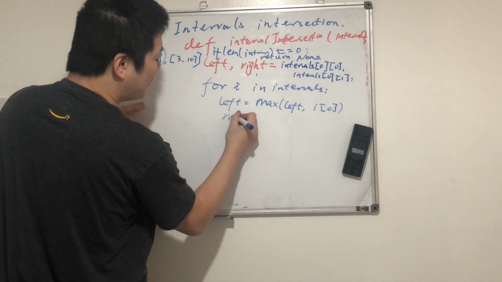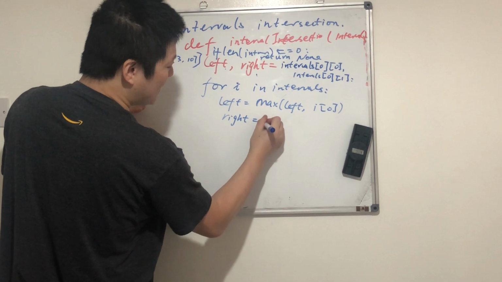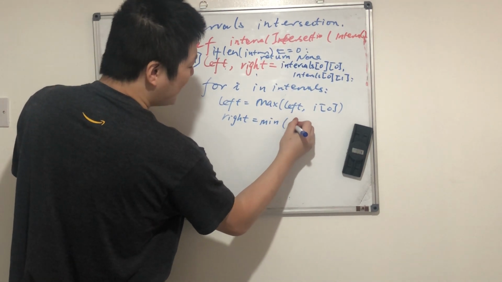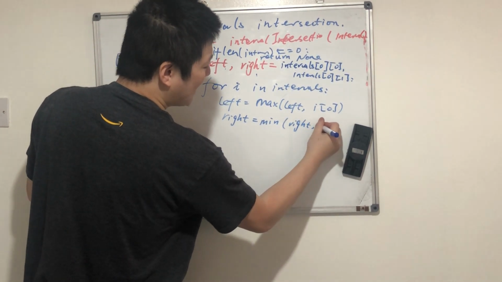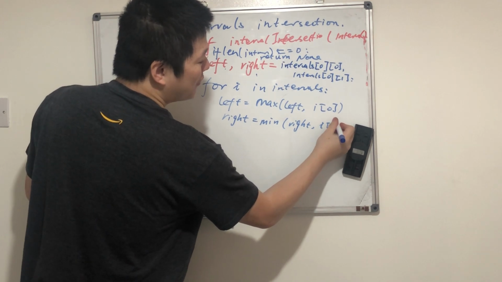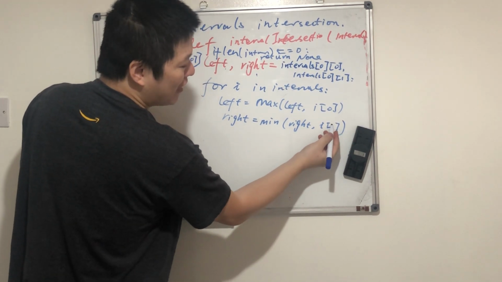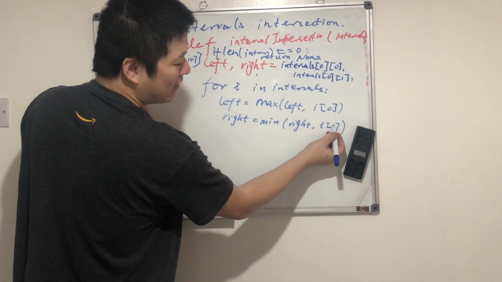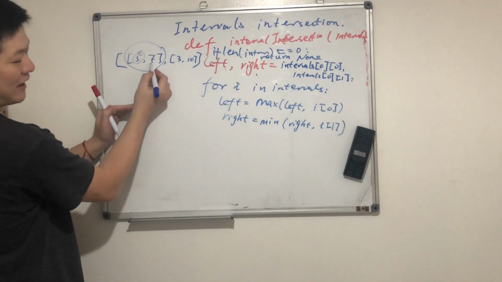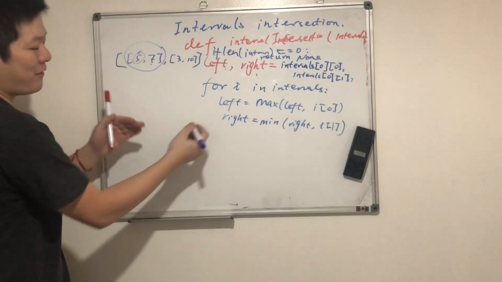Then for the right, we want to get the minimum, which is min of right and i[1], because we want the second number. And now we have left and right.